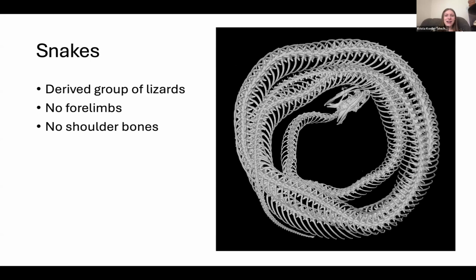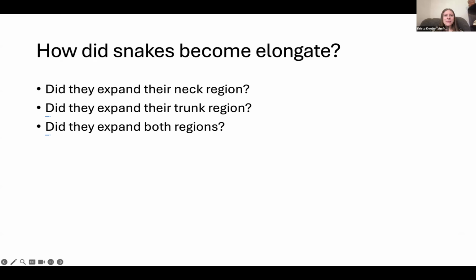They're derived lizards, and they have no forelimbs, no shoulder bones. My question is ultimately how they became elongate. It's an evolutionary question. Their ancestors were just normal lizards, but they got really long. But how did they get long?